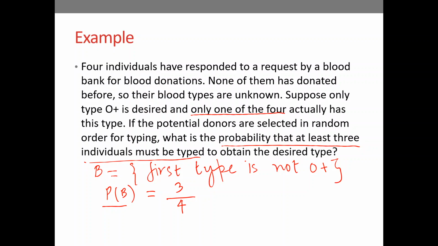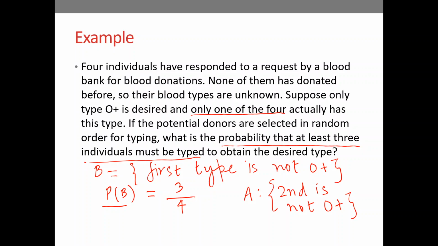Okay. Now, the first is not O positive. We also need that the second one is not O positive. Then only we'll arrive at the probability that at least 3 individuals must be typed to obtain the desired type, which means 3 or more. So I need another event A, which means the second is not O positive.